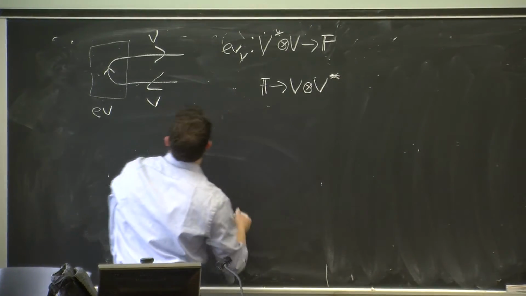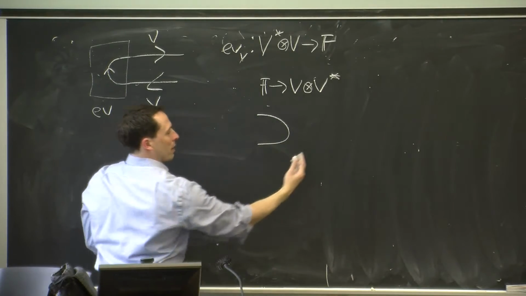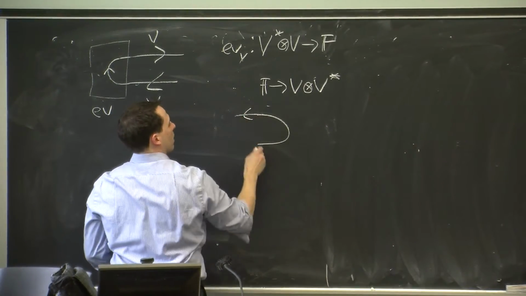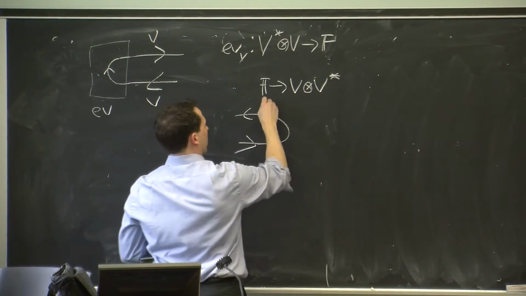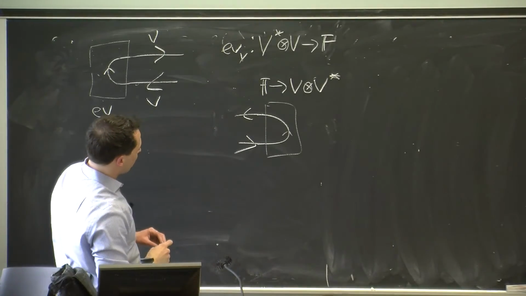And this is kind of the reflection of this. So it goes from the field to V tensor V star. So it has a picture that looks like that.